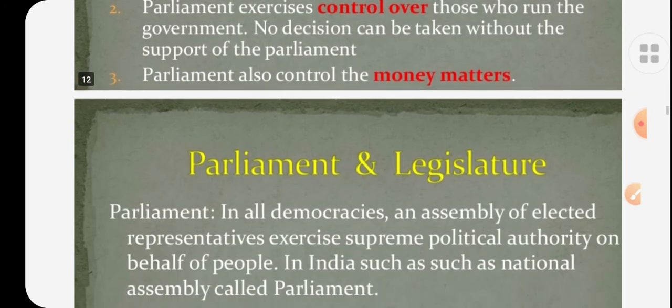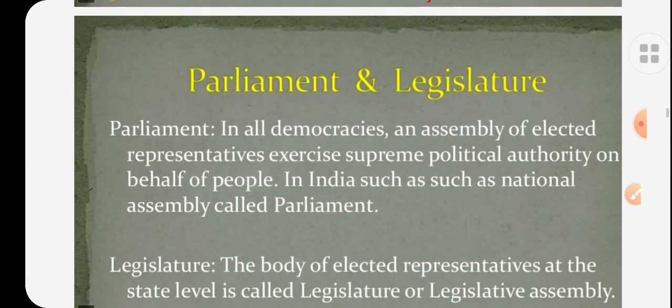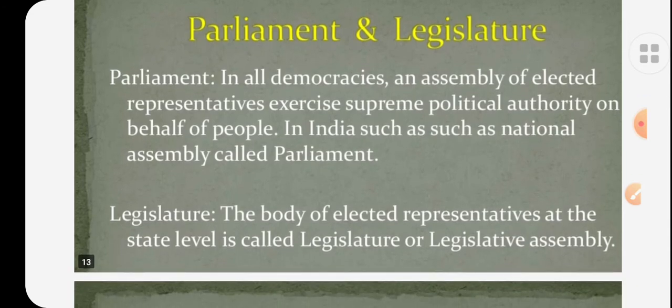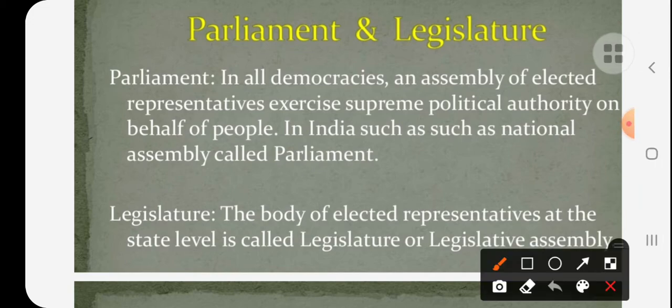Now the parliament and legislature. Legislature, lawmaking: parliament in a democracy is an assembly of elected representatives exercising supreme political authority on behalf of the people. You should never forget this, on behalf of the people, because no issue is discussed in parliament on the basis of the personal need of the people.